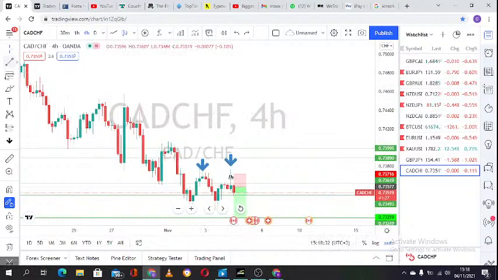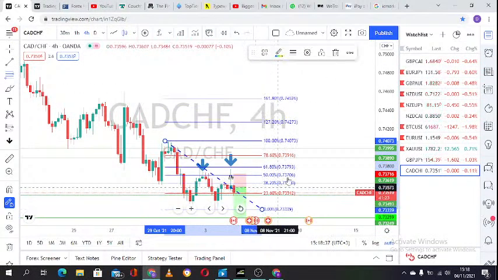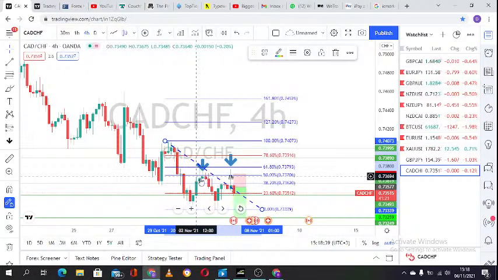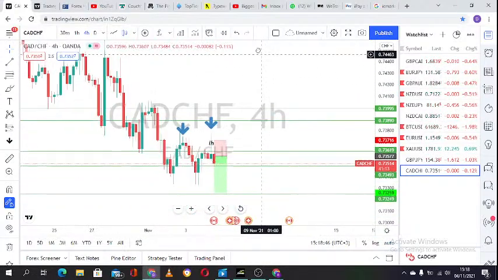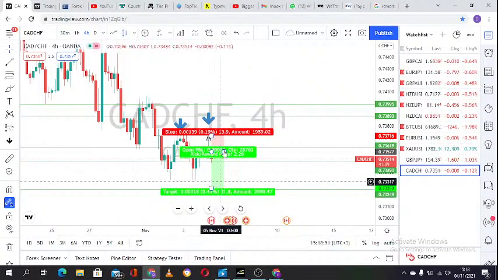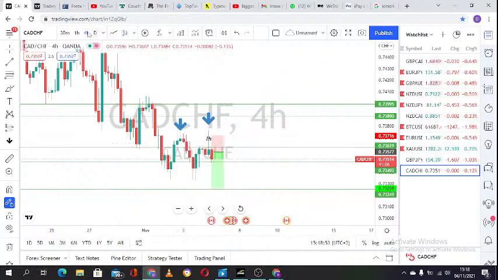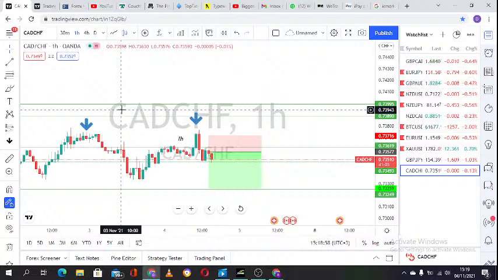We pick our Fibonacci from swing high to swing low. We see a maximum point of 50% exhaustion. What does that mean? This is definitely a strong downtrend, meaning it is definitely going to break the previous low and continue falling. This was on my H4 time frame. On the H1 time frame, you can definitely see more and more price action being formed.